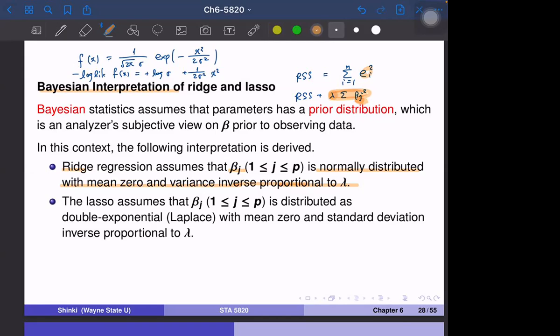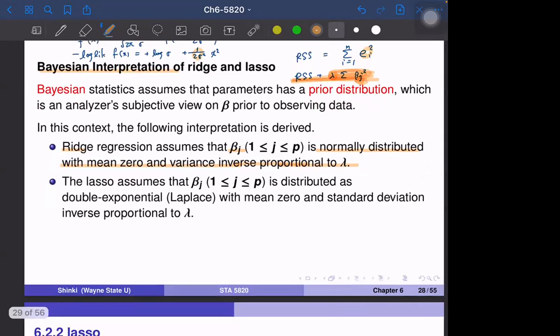So the inverse of lambda is proportional to the variance of beta j. The loss function of ridge regression implies that beta j follows a normal distribution with mean 0 and variance inversely proportional to lambda. That is the Bayesian interpretation of ridge regression.